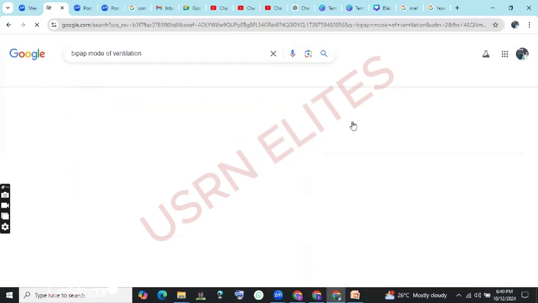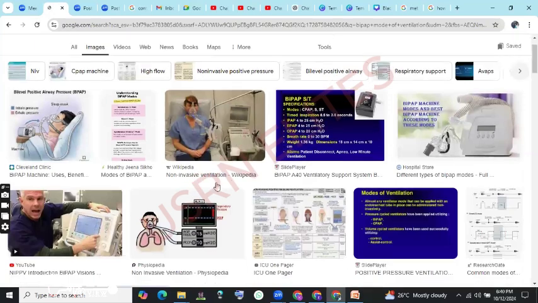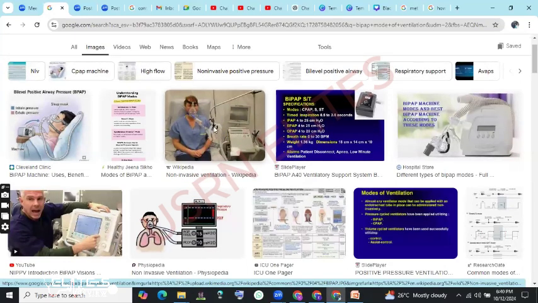Look at the images here. So have you seen how it is? You have a normal ventilator, okay? And we have BiPAP mini machines that people normally use at home. So you can see this one. This is a small BiPAP machine. We have small ones, but even a normal ventilator can also do BiPAP ventilation and CPAP.